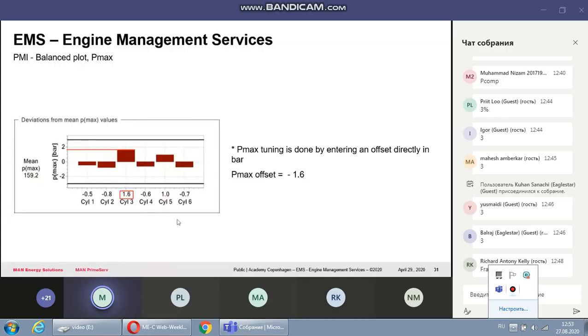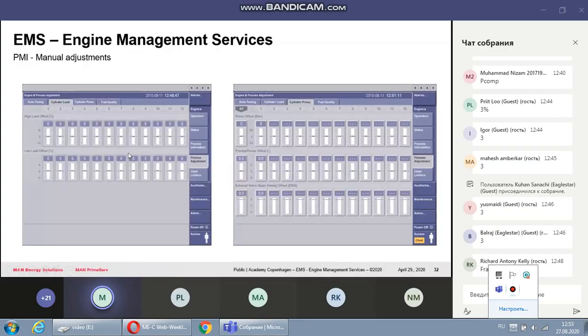Don't keep your engine running haywire. Keep it in such a way that the average value does not have too much deviation from your individual unit power. Here, 1.6 bar minus, which means you need to bring down. This is plus. So you go to the screen, click on that, and minus 1.6 bar. Period. End of story. So that is how you need to do the adjustment.